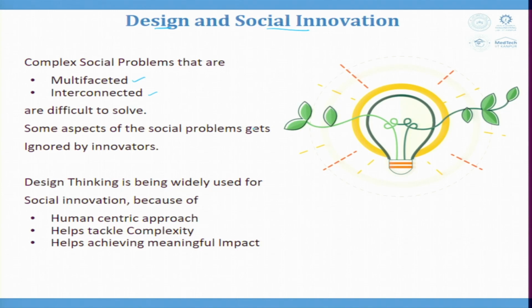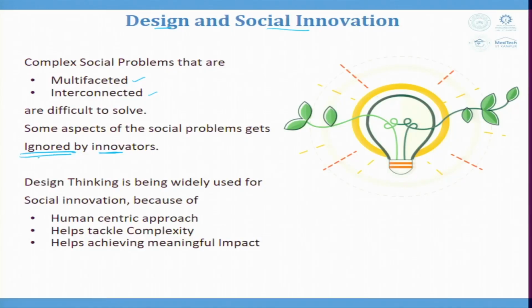Some aspects of a social problem get ignored by the innovator. This is also very, very important. Many of the social innovators or social entrepreneurs start well, they grow well, but while going through that journey, they get derailed and they fail. Why? Because they ignore some of the subtle points inside the family or inside a marginal society which have not been felt.